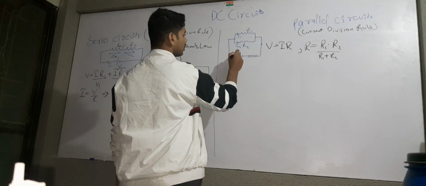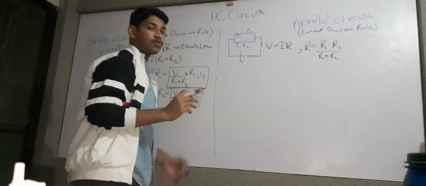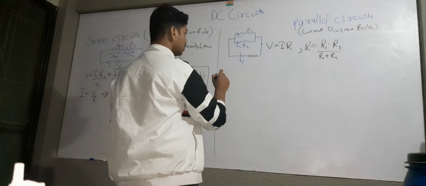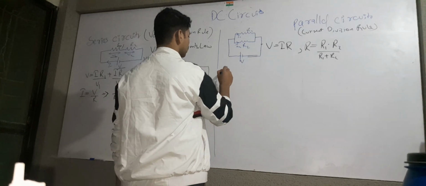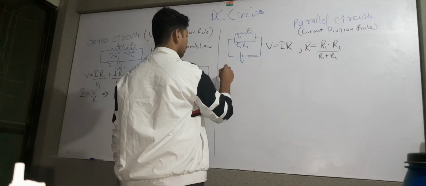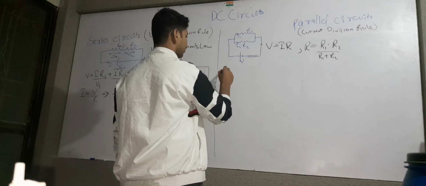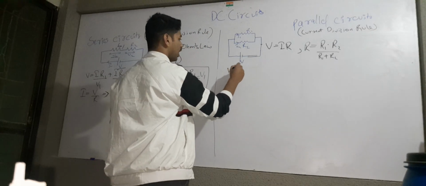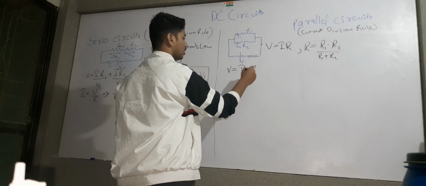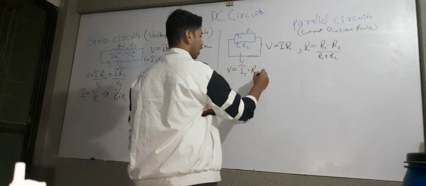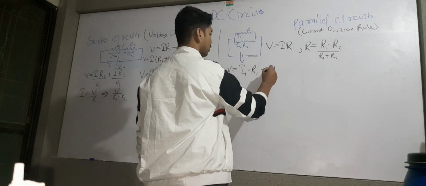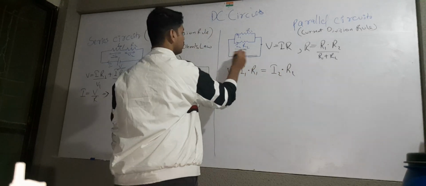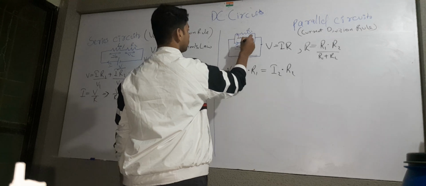Now across the two resistances the voltage will be the same but the current would be different. So the current gets divided, the voltage would be the same, so V is equal to I1 times R1, and it's equal to I2 times R2 here.